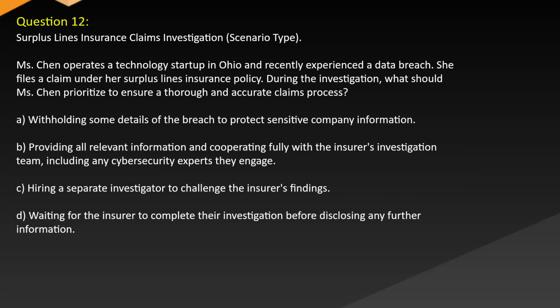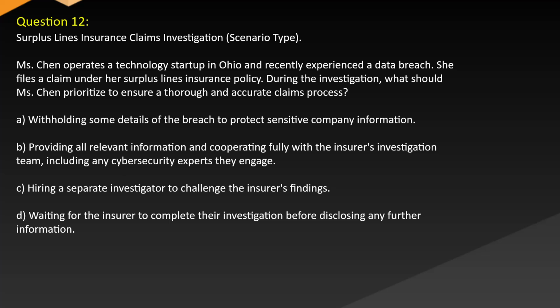3901-1-54. Question 12. Surplus lines insurance claims investigation scenario type. Ms. Chen operates a technology startup in Ohio and recently experienced a data breach. She files a claim under her surplus lines insurance policy. During the investigation, what should Ms. Chen prioritize to ensure a thorough and accurate claims process?